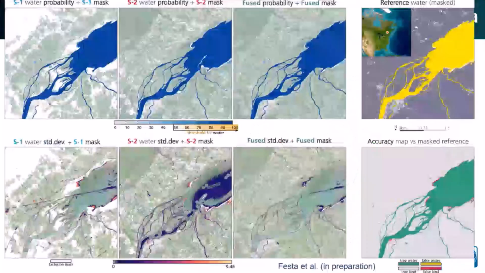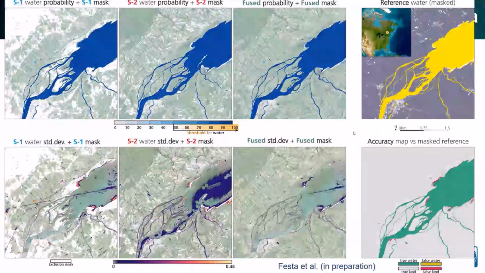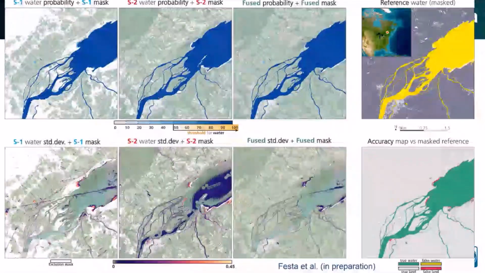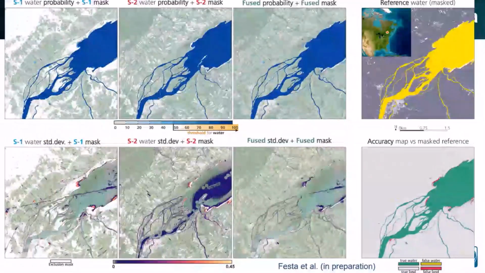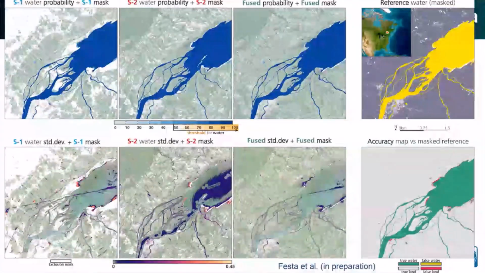Yeah, so here I want to show you now a first concrete example of how this could look. This work is from David De Vesta and Muhammad, and the article is in preparation. On top, you see the water probability from Sentinel-1, Sentinel-2. The white areas that are shown here are those areas that are masked in the data.